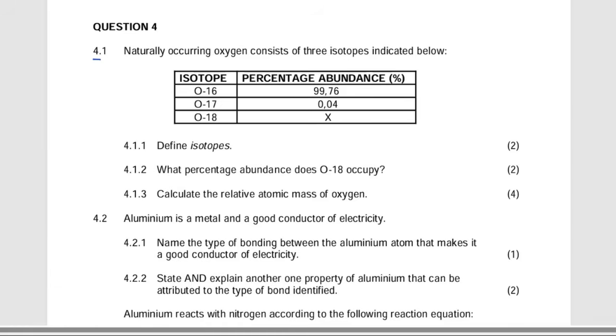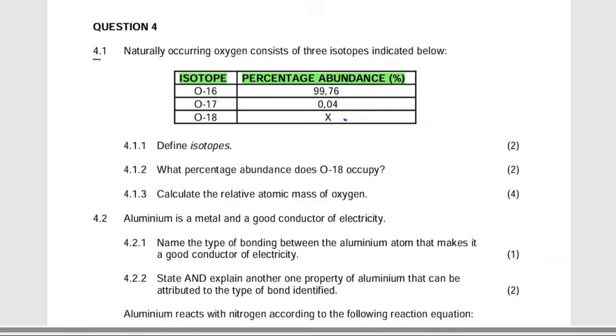We're given the isotopes and the percentage abundance, how much of each occurs naturally. So we're having isotopes of oxygen: oxygen 16, 17, as well as oxygen 18. The other percentage is not given, it's given as a value of X. Then we are asked to define an isotope.